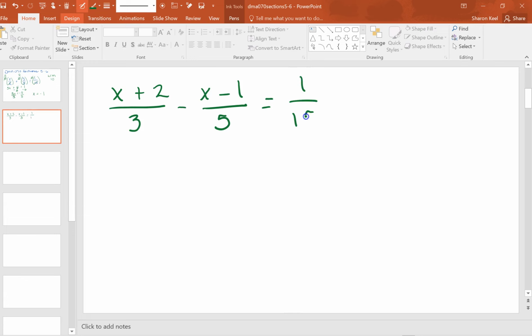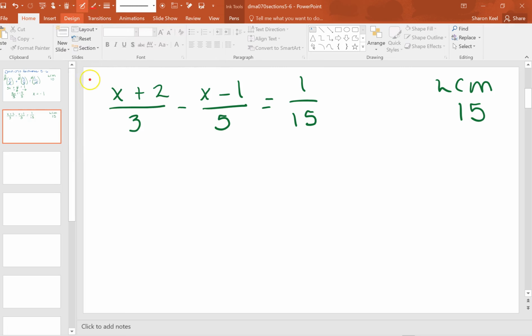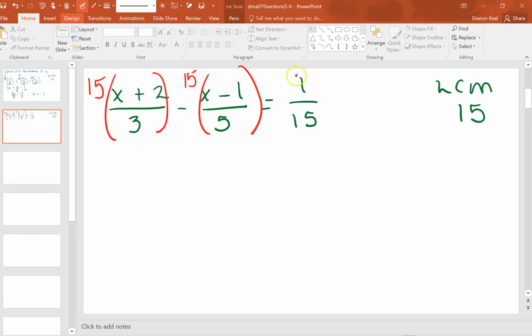Okay, so our three denominators are 3, 5, and 15. So we're going to identify our least common multiple as being the numeral 15. So each term I'm going to multiply by 15, and then we're going to make each denominator cancel.